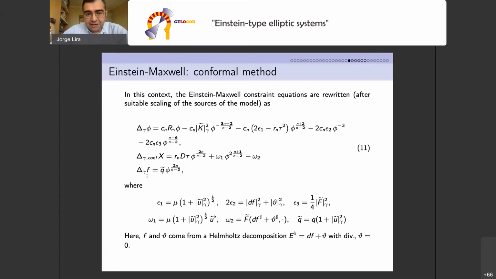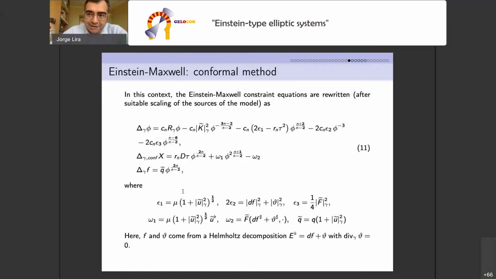Important fact here is that the left-hand side is composed by Laplacians. So we have Laplacians in some fiber bundle, say, on M. But the right-hand side, which is formed by these nonlinear terms, is a very complicated expression.